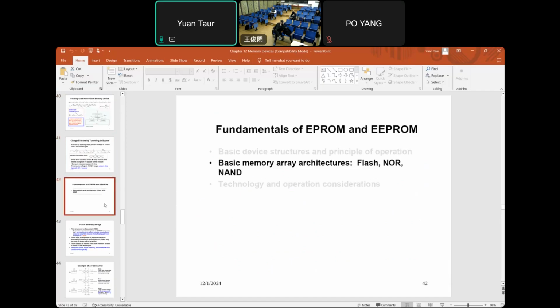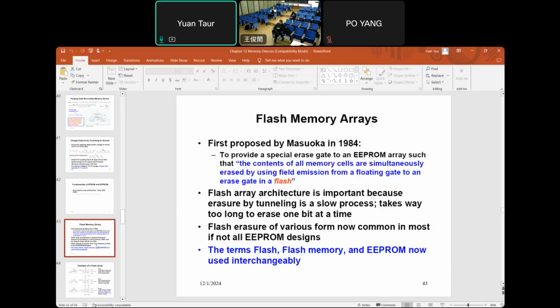So next we talk about the array architecture. There are basically two kinds, NOR and NAND. Okay, this is just terminology.